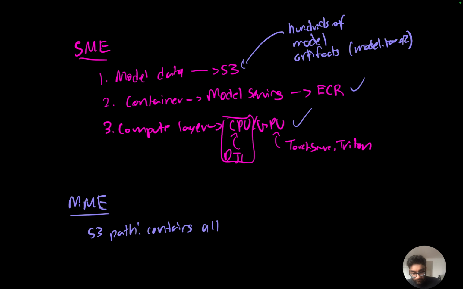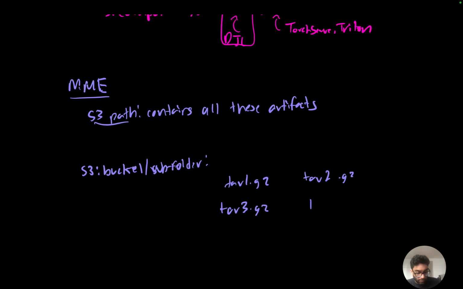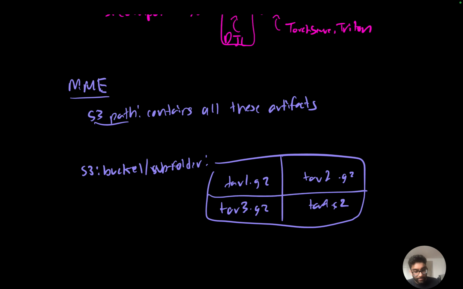So you need a common S3 path, which contains all these different artifacts in the same location. And you can imagine this as, let's say you have your S3 bucket, and a subfolder, whatever it is. And here you might have tar1.gz, tar2.gz, tar3.gz, tar4.gz, on and on. All of these lie in the same S3 path.